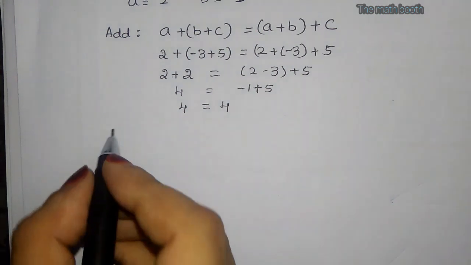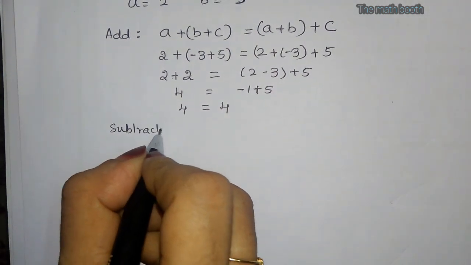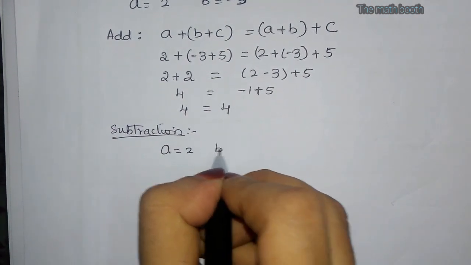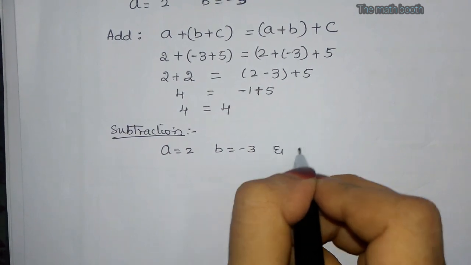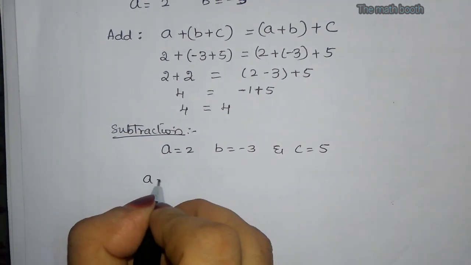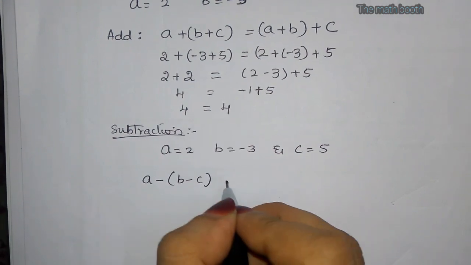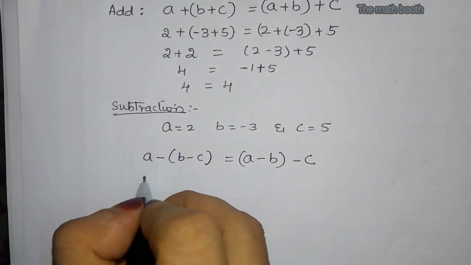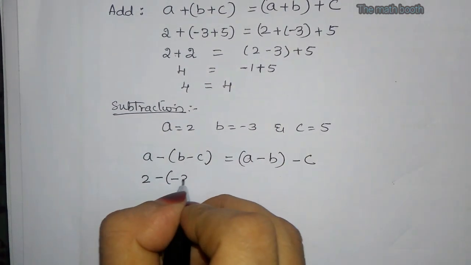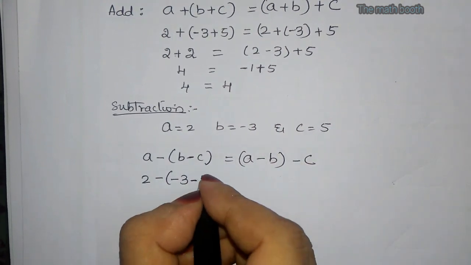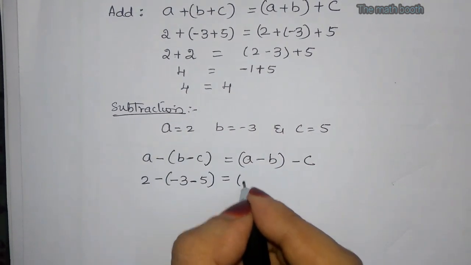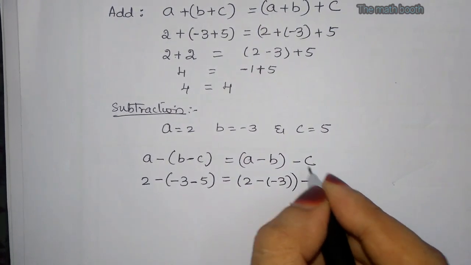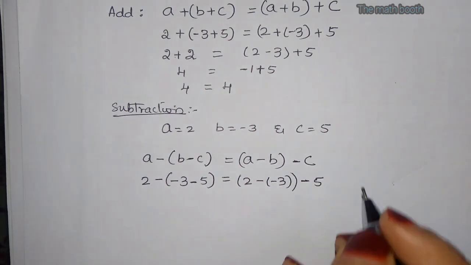Let us see now what about subtraction. Same alphabets we will take. Okay, subtraction. A is equal to 2, B is equal to minus 3 and C is equal to 5. A minus B minus C is equal to A minus B minus C. Now A is 2, minus, B value is minus 3 in brackets, minus, C value is 5.